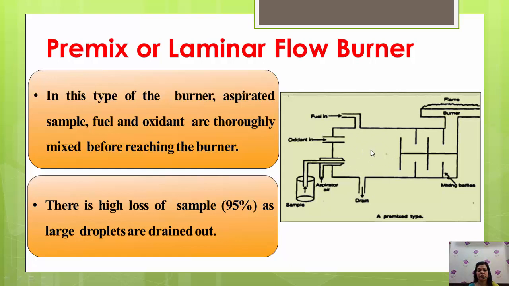They are converted into a small gaseous mist of sample. Due to pressure they move fast. They may bombard on these mixing baffles, reach back, and with high pressure go to the burner. When this process takes place, only a small amount of the sample reaches the flame. 95% of the sample gets drained out.